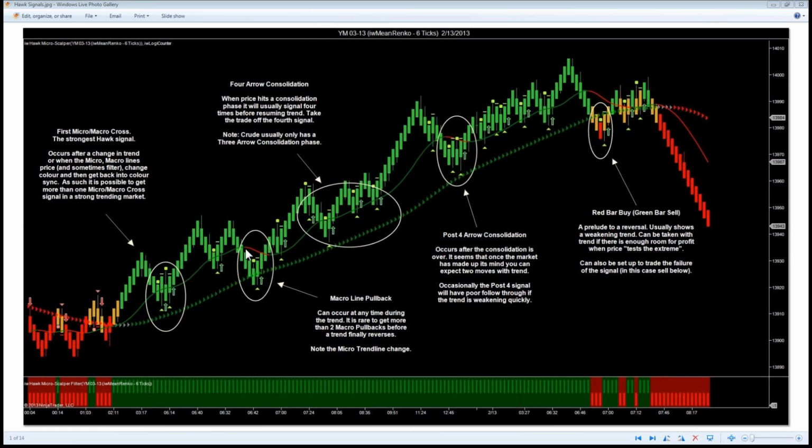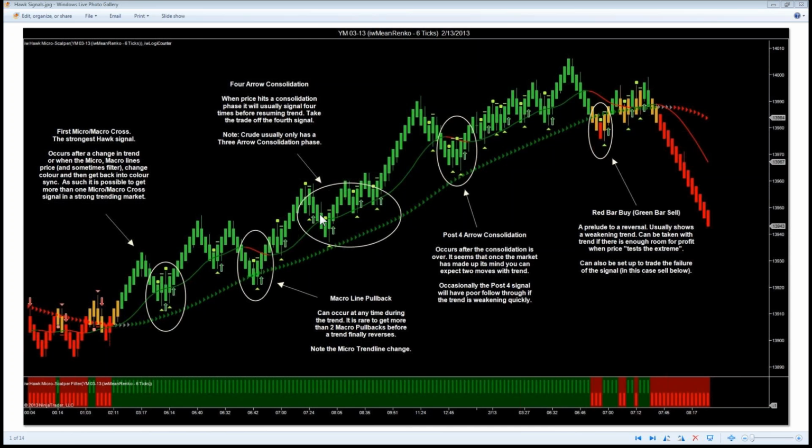Macro pullback signal, easy to identify because the micro line, that's the thin one, goes out of sync. Generally, the market retraces to the macro line. Sometimes it goes a little deep, sometimes it comes up shallow, but the key is that that micro line goes out of sync. Again, very high probability signal. Four arrow consolidation happens.